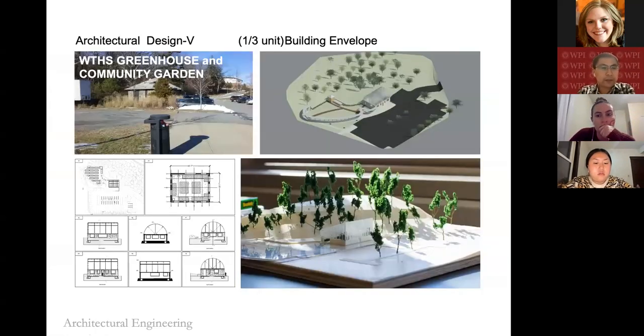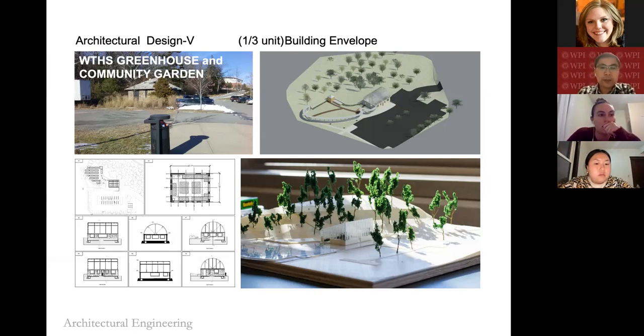Another example of an MQP project is a greenhouse design in a community garden. Usually our MQP is funded by local funders, local sponsors, or some sponsors from outside the country. Many projects can be real projects.